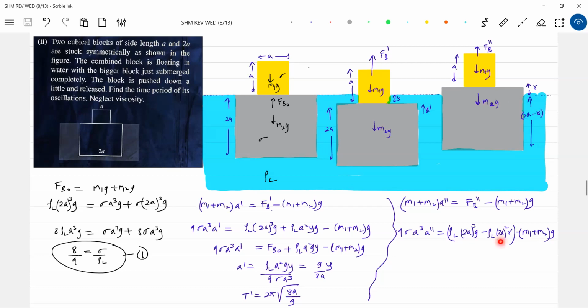Correct only, yeah. In the total, I subtracted that one, no? Yeah, fine. In the total volume, I subtracted this much of volume. Then I'll get this much. Now, what we can do, rho L, this will become FB naught. g should also be there, no?